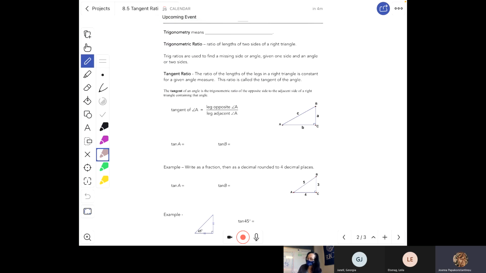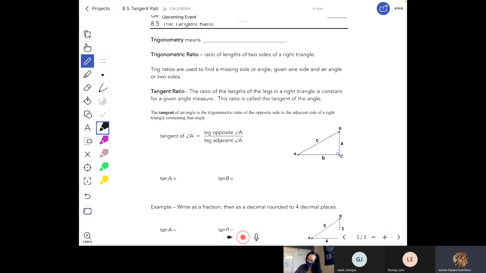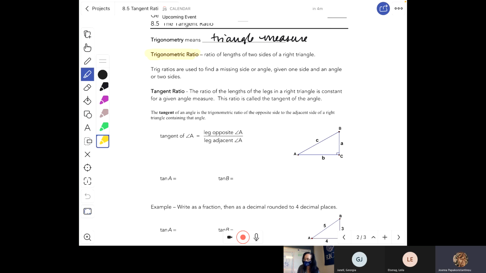So as we said, trigonometry can be broken down into triangle measure, finding the measure of an angle in a triangle. As we just saw, one method to find a degree measure is to use the trigonometric ratio of the lengths of two sides of a right triangle. Today we are focusing on the tangent ratio.